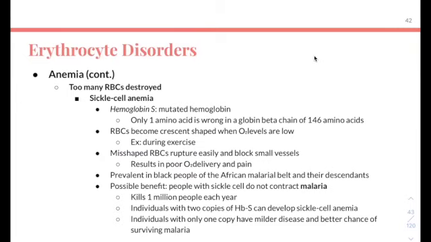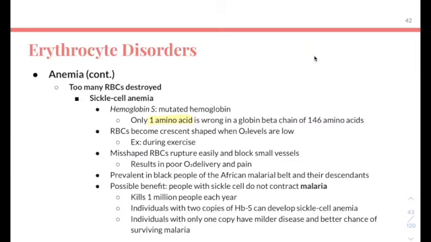As it says, there's only one amino acid that's wrong in that DNA chain that creates the red blood cells. There's 146 amino acids in hemoglobin or in that globin chain, and only one of them is wrong, and it causes sickle cell anemia. They become like a crescent moon type shape when the oxygen levels are too low.